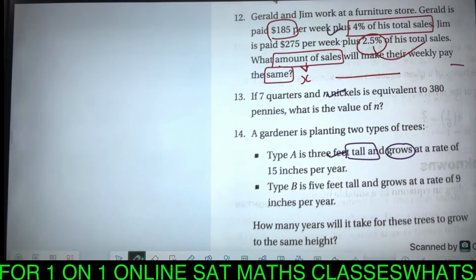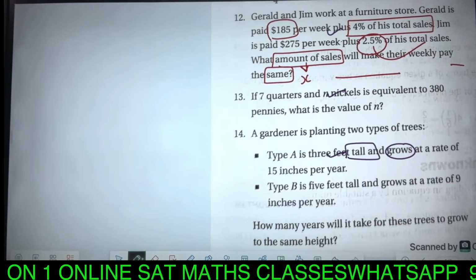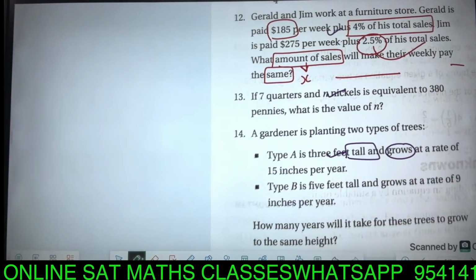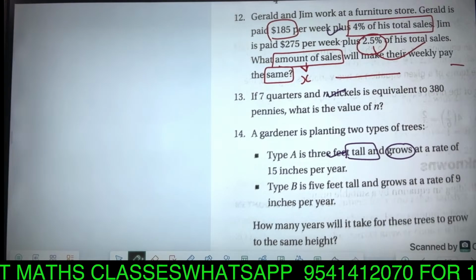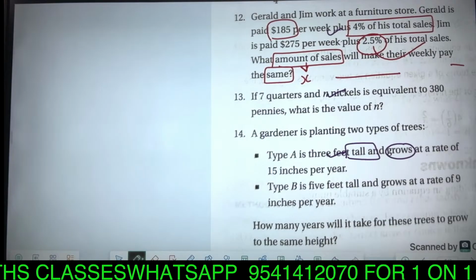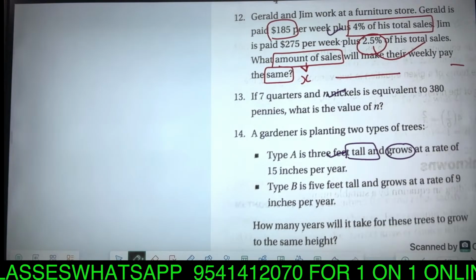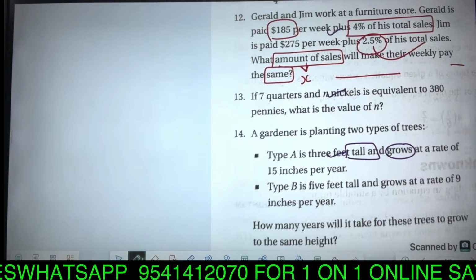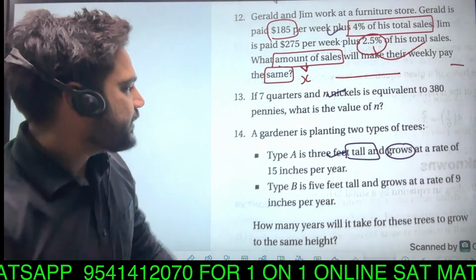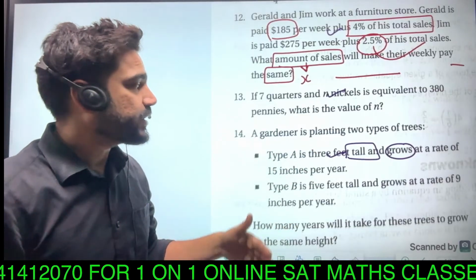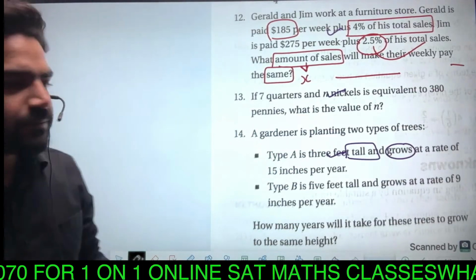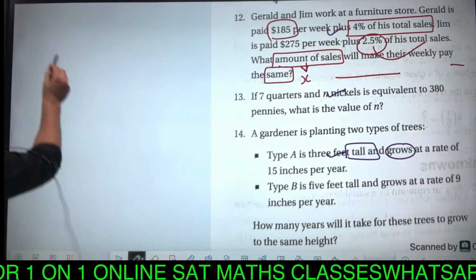Now they are saying that a gardener is planting two types of trees. Type A is 3 feet tall and grows at a rate of 15 inches per year. Again in this question also, type A is 3 feet tall, this is the fixed height, and it is growing, so it also has a variable height.